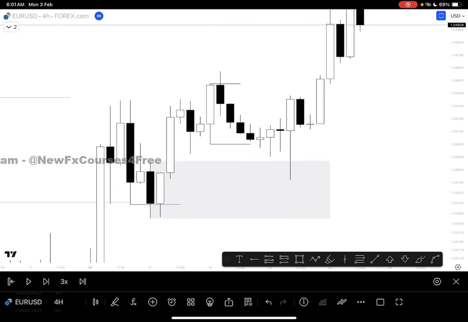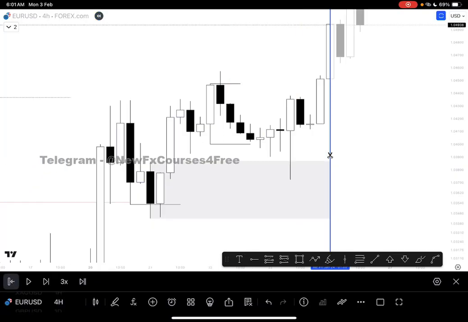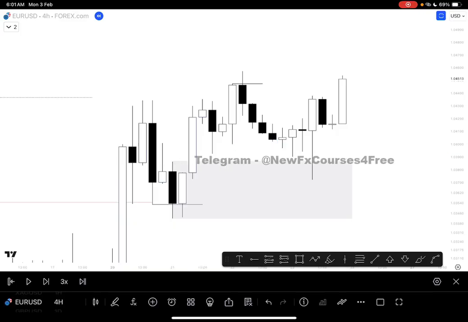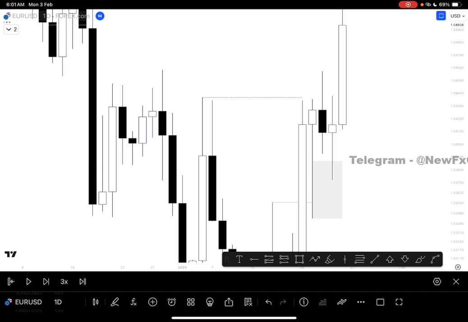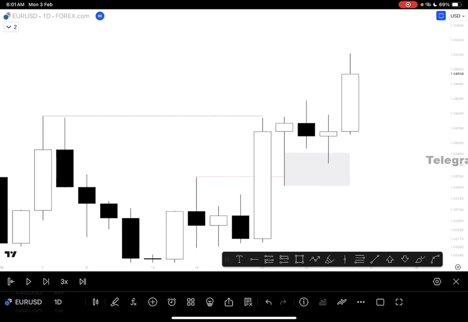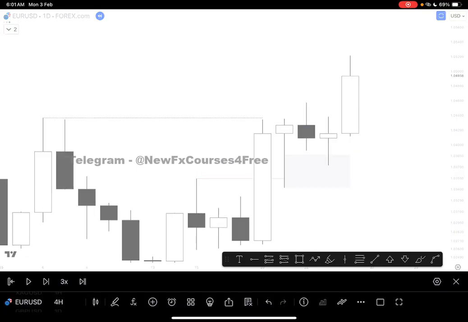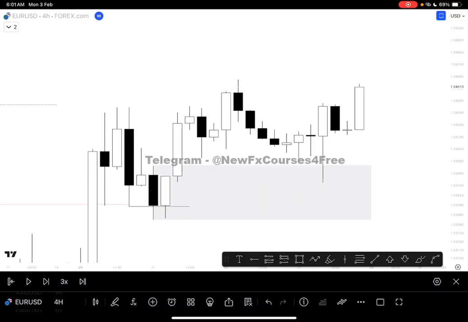And if you actually go to the daily time frame, let me take this back in time. If you actually go to the daily time frame, this is actually a daily CRT here and a rejection block. And 50% of that rejection block, lower quadrant, is actually a 4-hour order block.